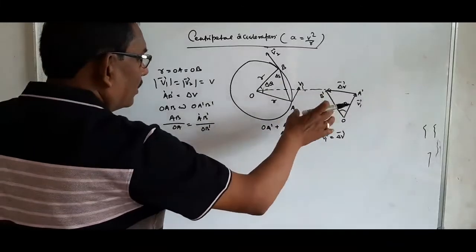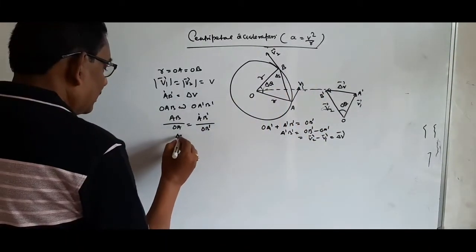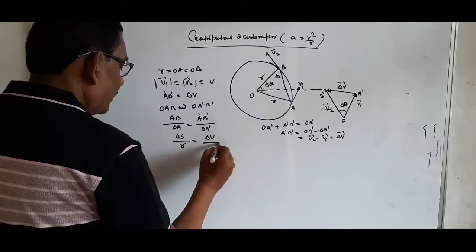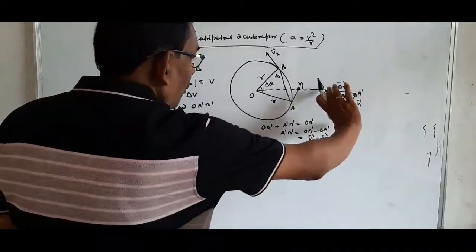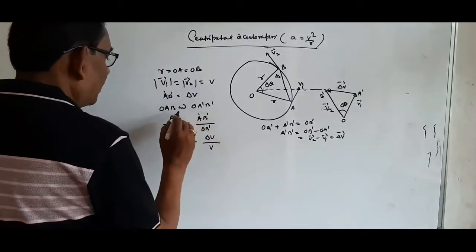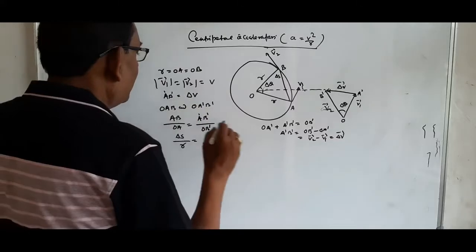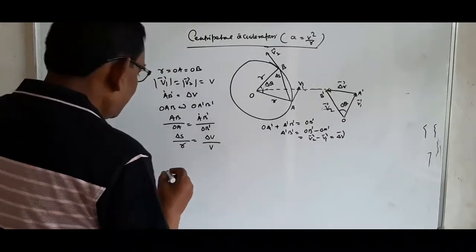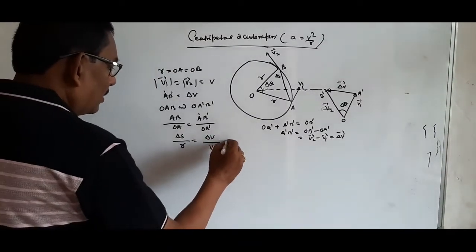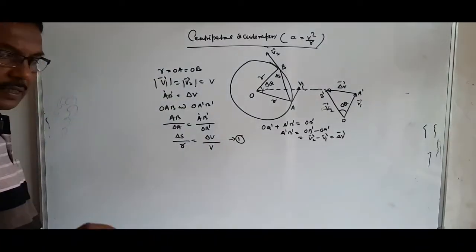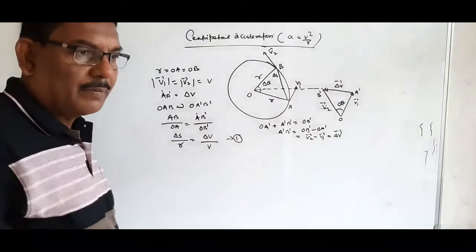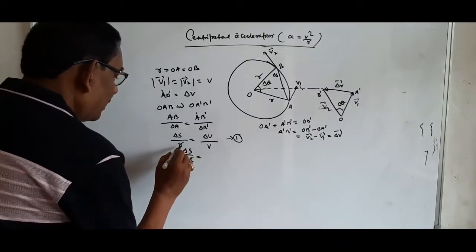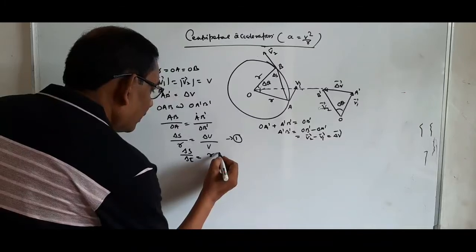AB, you know that is your delta S, and OA is your R. A dash B dash is delta V, and OB dash in magnitude is your V. This is the magnitude of velocities V1, V2, that is equal to V. Now dividing both sides by delta T, on the right side it is R by V.